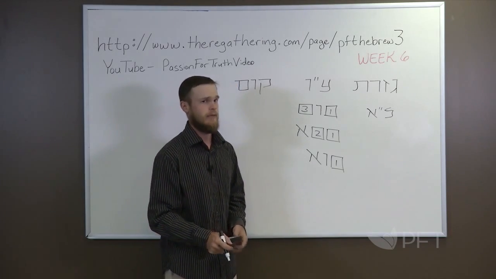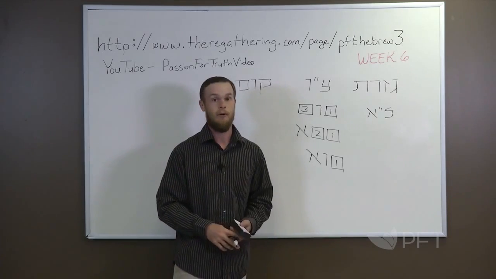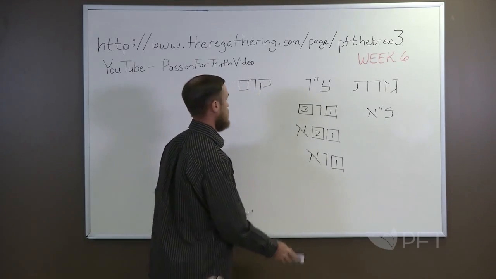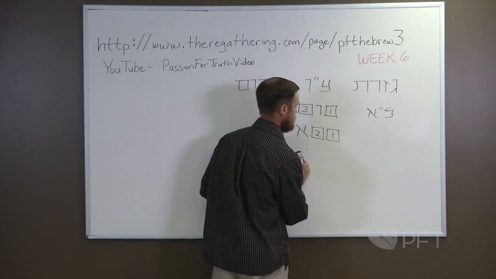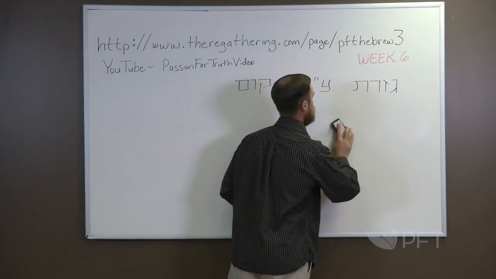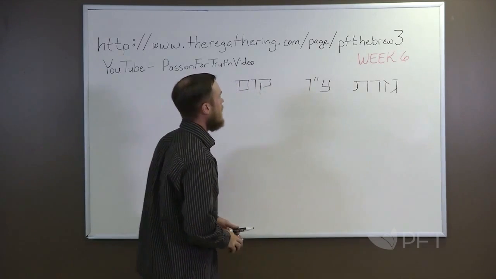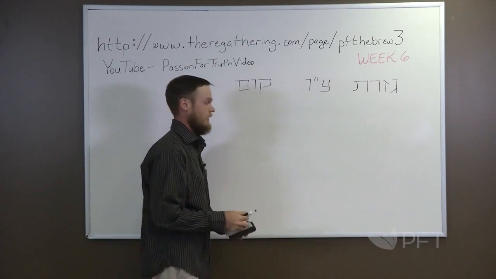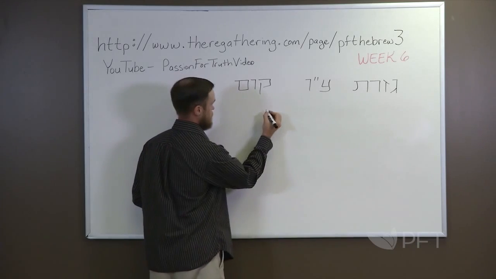Now, how can it do that? I want to demonstrate how it does that with a particular example. So this is a word that belongs to both Gizrat Ayin Vav and Gizrat Lamed Aleph. And that is a word that we've been using for some time now.